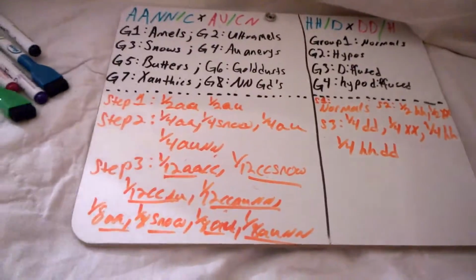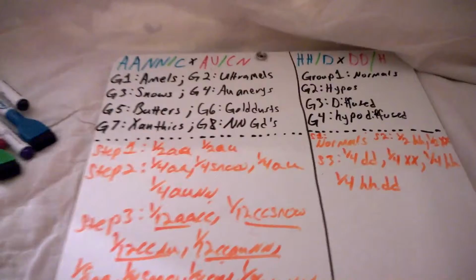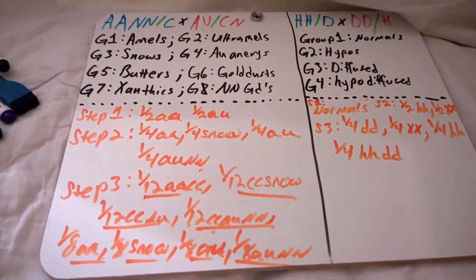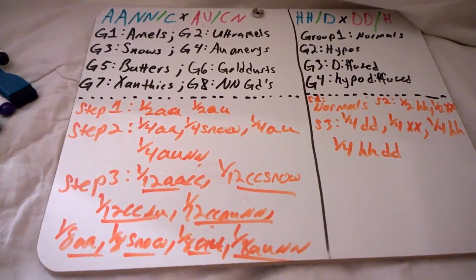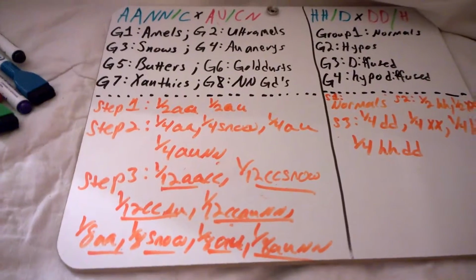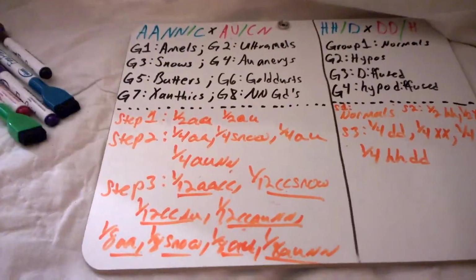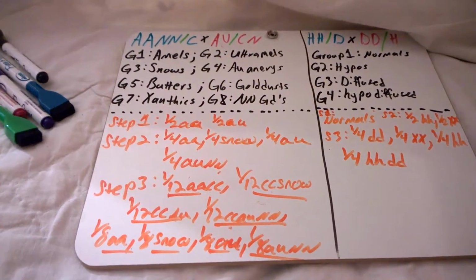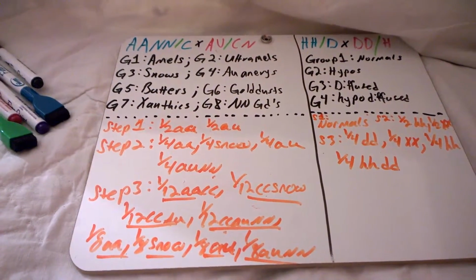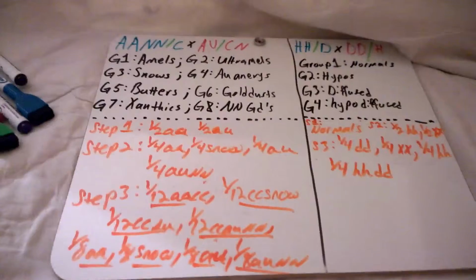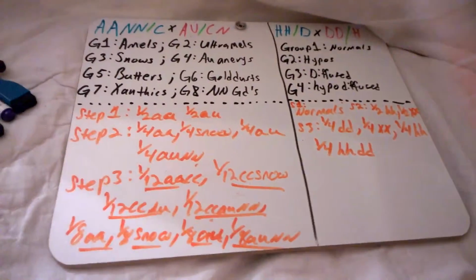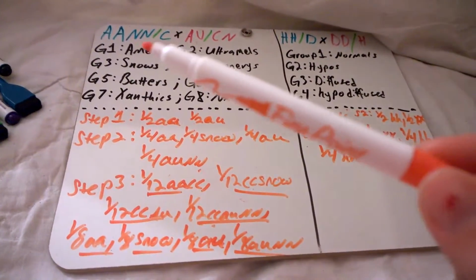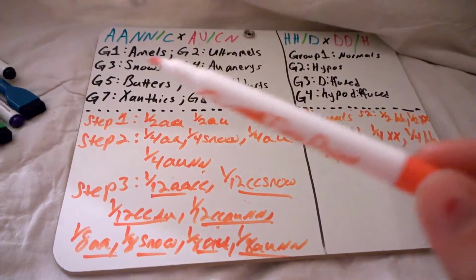I guess I kind of thought there'd be more than 3 steps, but on this other one. And I know that if you have even more genes, there's going to be more steps. But the only reason this had 3 steps and not more is because of the allelic relationship between amel and ultra.